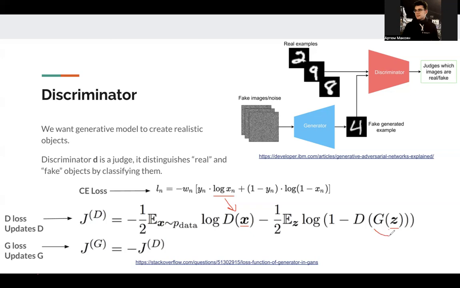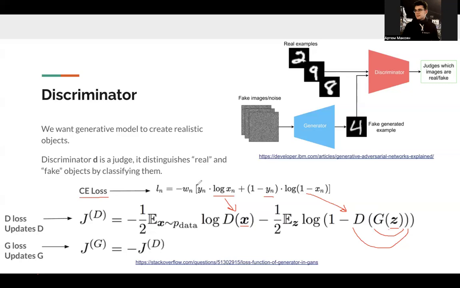Then we obtain a fake object from the generator, and here we predict the class of the fake object. And like here, it's a sample with a negative class, Y labeled by 0, yeah? So we take it with log of 1 minus our prediction probability. And we want to minimize cross-entropy loss, yeah?